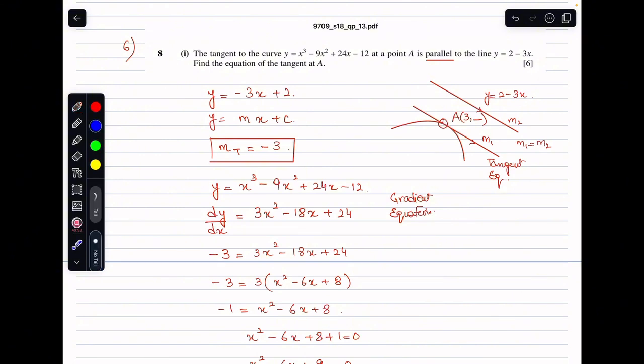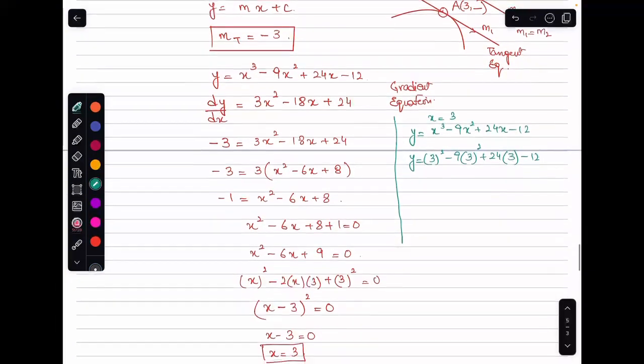So I should only substitute x equals 3 in the curve equation, which is x cubed minus 9x squared plus 24x minus 12. So when x is 3, I can say it's 3 cubed minus 9 times 3 squared plus 24 times 3, and then minus 12 here.